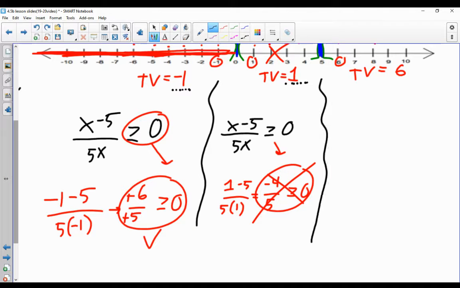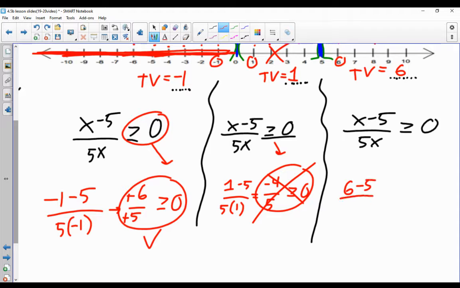All right, one more value to try. Again, I'm using x minus 5 divided by 5x, all greater than or equal to 0. The last number we're going to try is number 6. So let's plug in number 6. On top, you'll get 6 minus 5. On bottom, you'll get 5 times 6. 6 minus 5 on top will give you 1. 5 times 6 on bottom will give you 30.